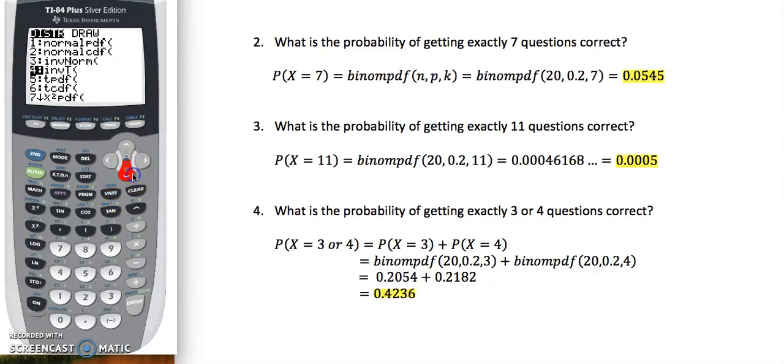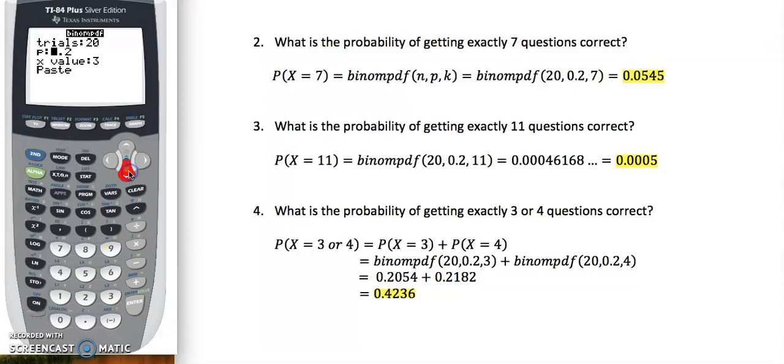So open up that distribution menu and go down to Binomial PDF. Once again, nothing changes but that last one, the X value. We're looking for exactly 3 successes. Press enter, enter, and enter. And so you end up with 0.2054, so about 20%. And then calculating the second one, open up that distribution menu again, go down to Binomial PDF for a precise value, exactly 4 successes.